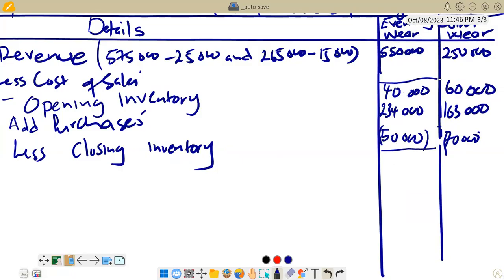The total that you get there, you're supposed to put it there to represent cost of sales. So if you say 40,000 plus 234,000 minus 50,000, you're supposed to get 224,000. The same year, you do the same again. You say 60,000 plus 163,000 minus 70,000, you get 153,000.